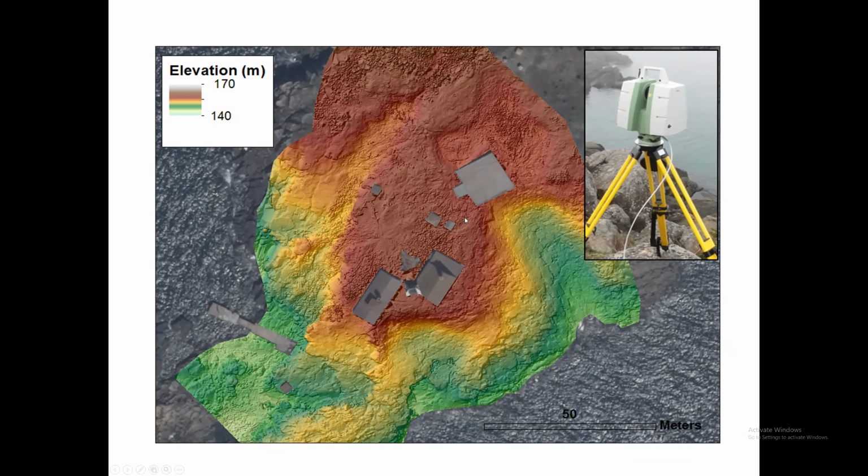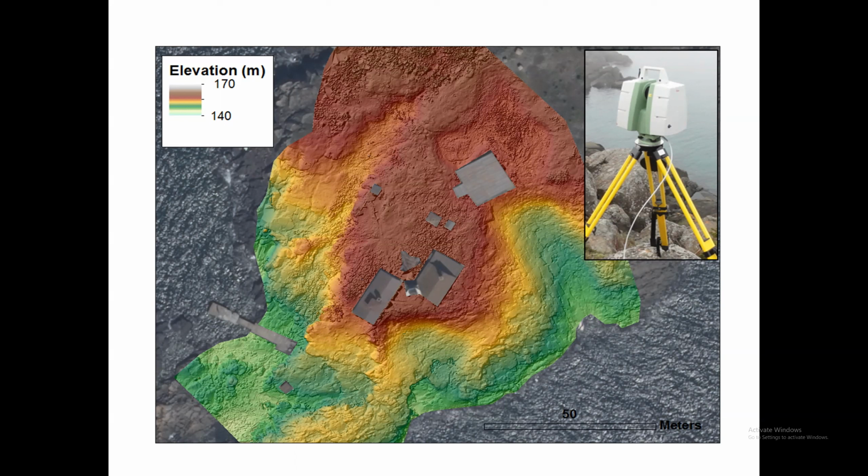There are endemic amphibians there that don't like being contaminated by lead, so we were asked to go there and make a map of soil contamination. I'm not showing you the soil contamination data right here, but I am showing you a representation of elevation in this area. This inset on the right is the laser scanner we used to generate these data.